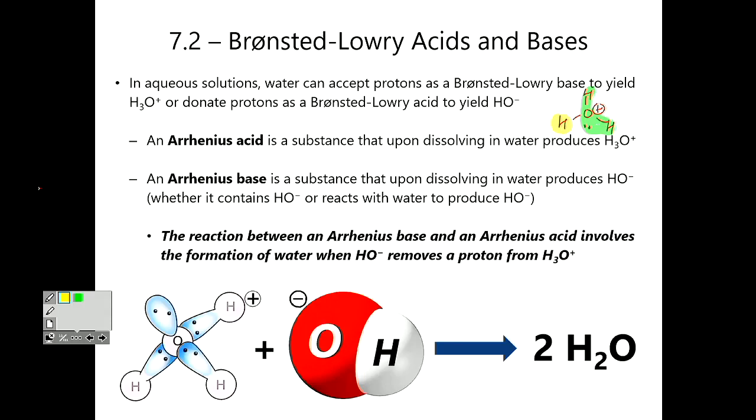So this is the most relevant definition in aqueous systems, including biological systems, because in biochemistry everything happens, or nearly everything happens, in water. So any acids that enter aqueous media are going to ultimately produce hydronium because there's water in there. Hydroxide is the counterpart. When the substance upon dissolving in water produces hydroxide, then that is known as a base.